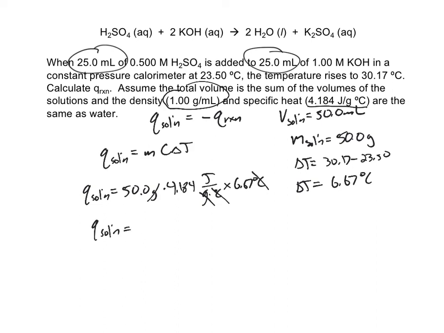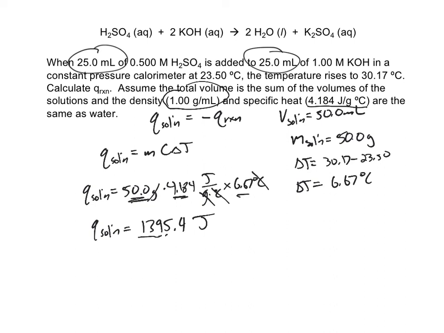The Q for the solution that I get is, my calculator spits out 1395.4 joules. And then if I go to the correct sig figs, I have 3 sig figs, 4 sig figs, 3 sig figs. So to 3 significant figures, I can't write 1395.4, right? Because I want to keep the 1, the 3, and the 9.